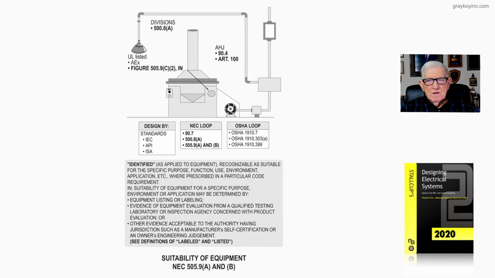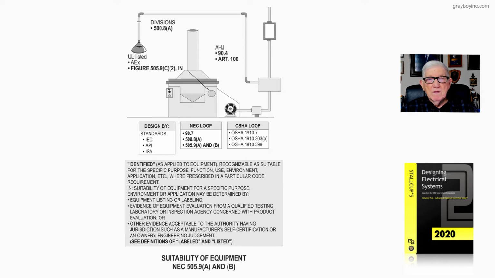But now notice the equipment has to be identified as applied to equipment, recognizable, suitable for the specific purpose, function, use, environment, application, and so forth, as described in a particular code requirement.